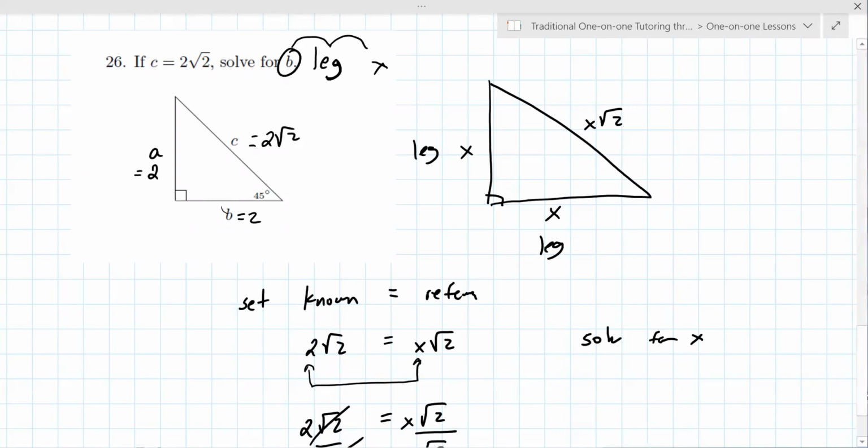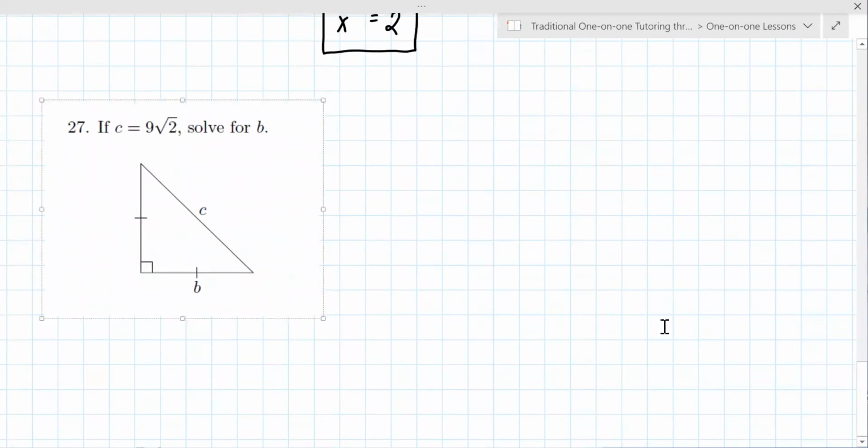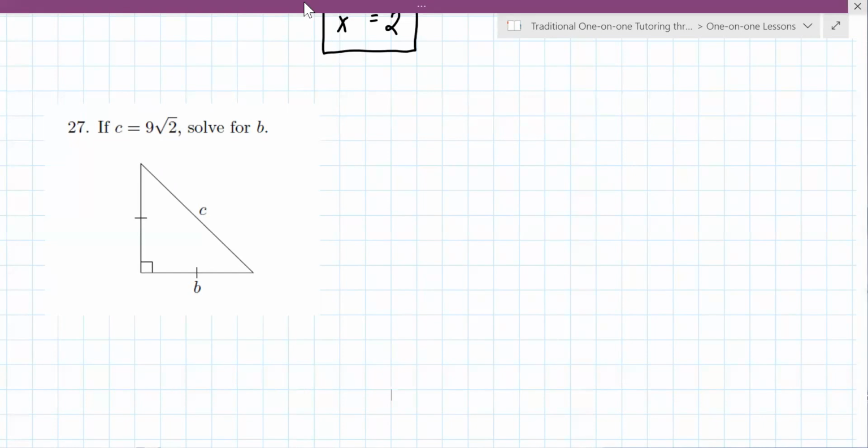Okay. All right, let's try another one here. If you understood that, and I think you did, I want you to try this one on your own, please. It's the exact same problem, meaning same process, just different numbers. Go ahead and work that out for me, please.